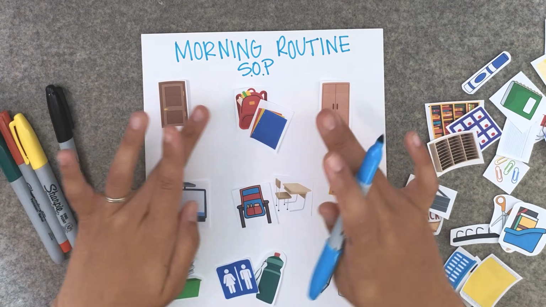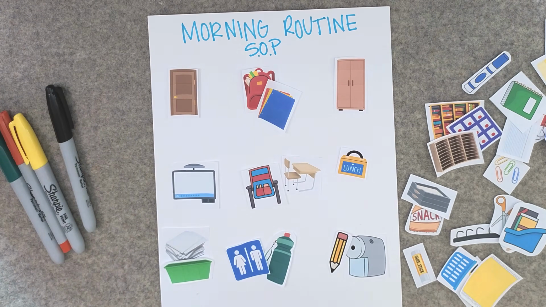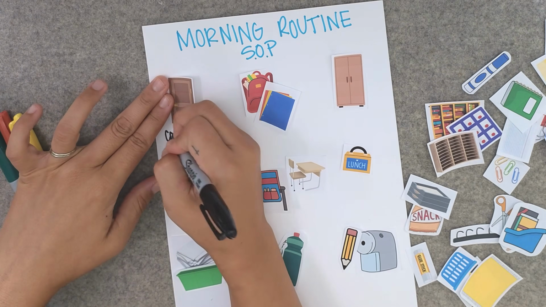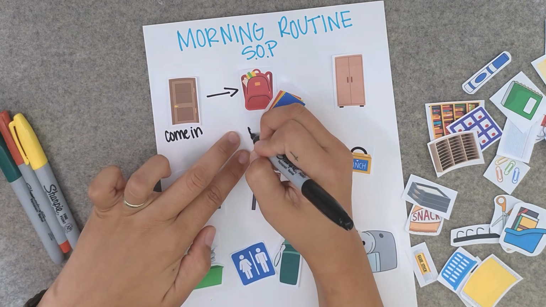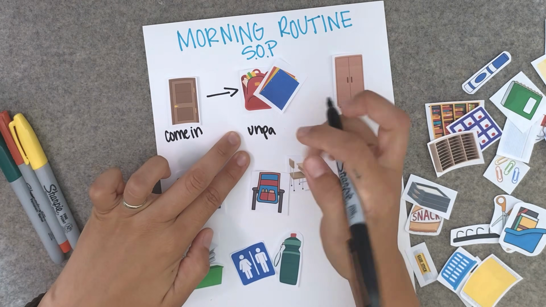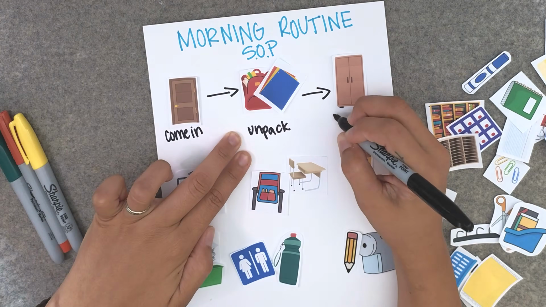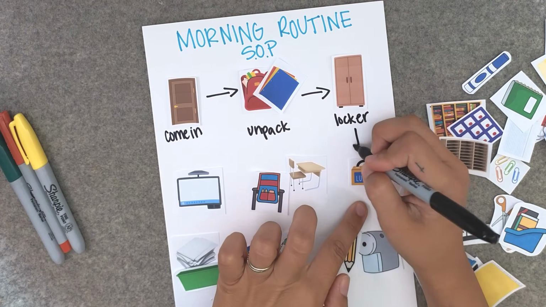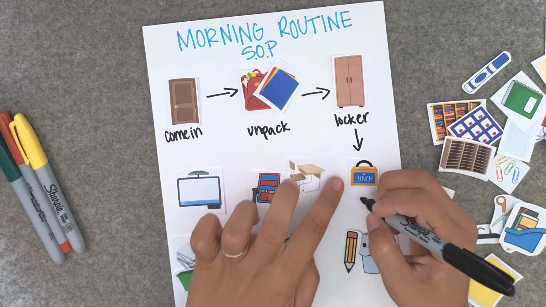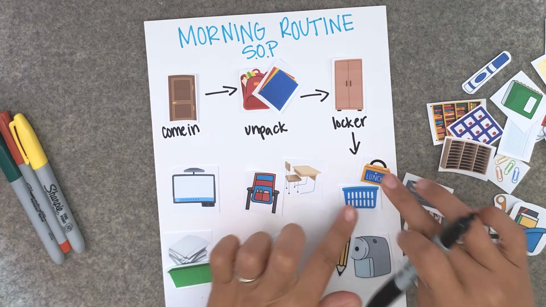And so then from there, what I would do is I would paste these down and I would add in little pieces that I would want students to remember. So I would say, come in. From there, we're going to unpack. From there, we're going to put our stuff in the locker. From there, we're going to do lunchbox, and I might even add lunchbox in the basket.